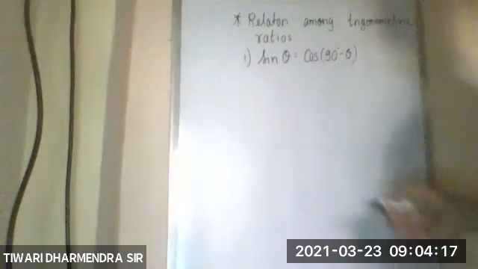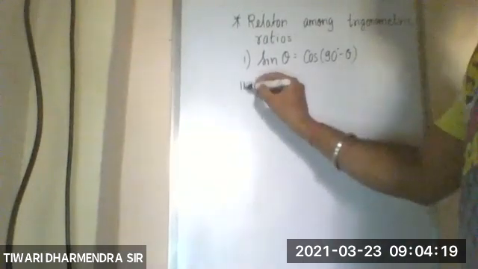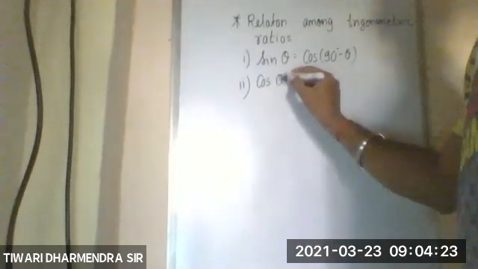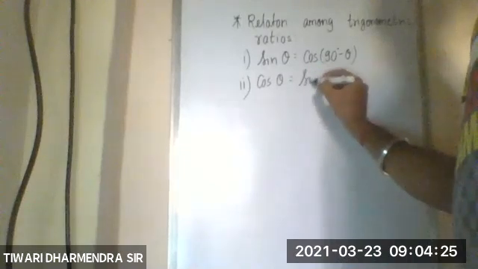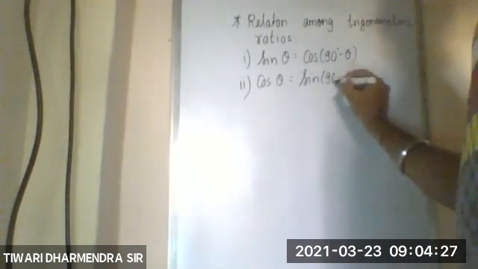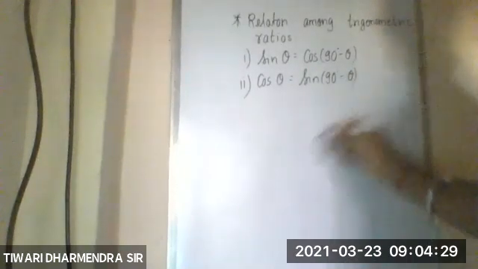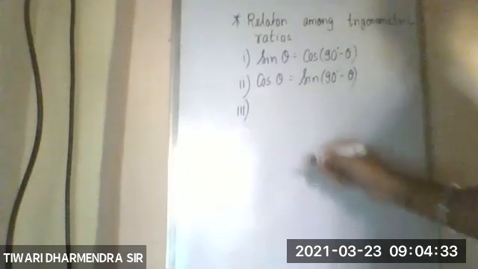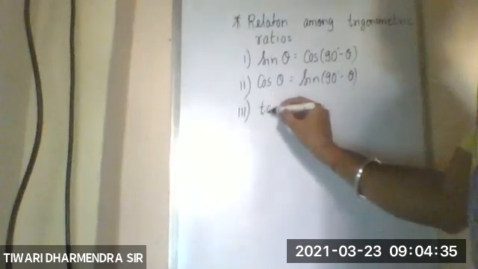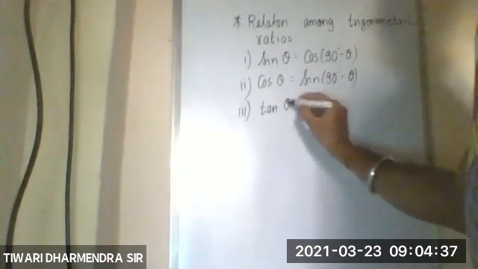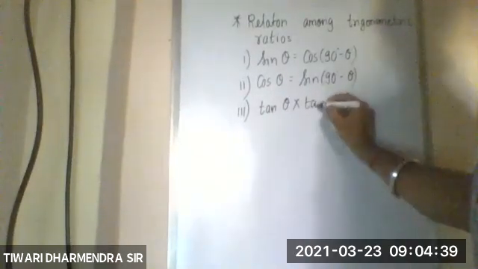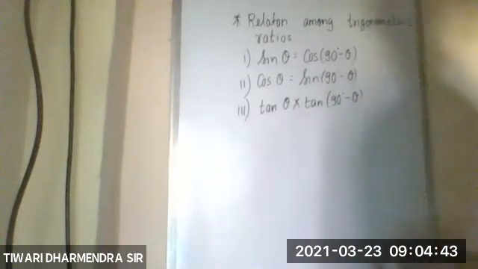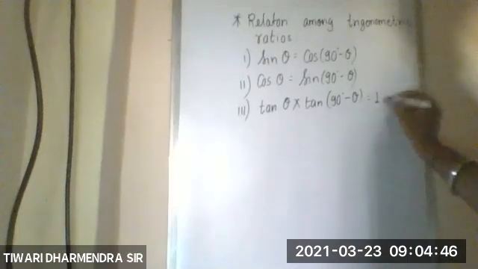These are very important relations. I will show you how. Cos theta is equal to sine 90 minus theta. And third, tan theta into tan 90 minus theta is equal to 1.